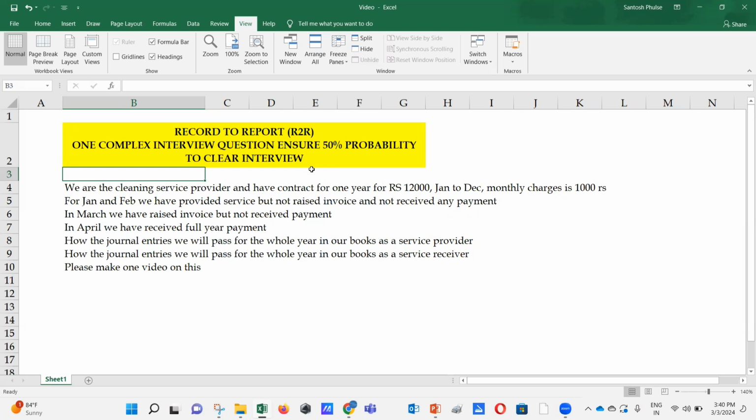In March, we raised an invoice but did not receive payment. In April, we received the full year payment. How will we pass the journal entries for the whole year in our books as a service provider, and how will the journal entries be passed for the whole year in the books of the service receiver?